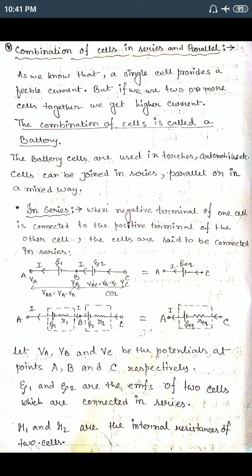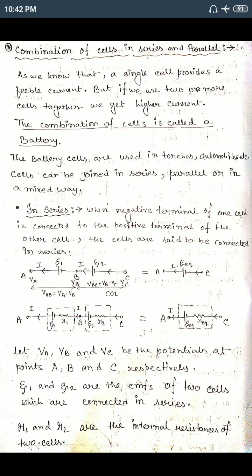Series means, you see that diagram. I will draw two diagrams; you can draw any one. In the first diagram, we only use the cell, and we consider it has an internal resistance that we do not draw. In the second diagram, we use a dotted box, because whenever you show the internal resistance, it is inside the box, being the internal resistance of that cell.